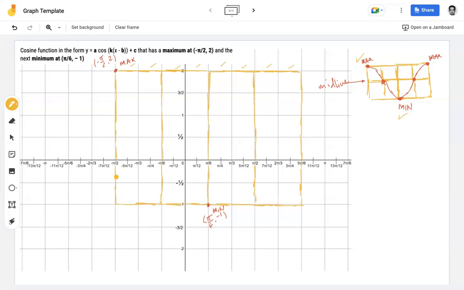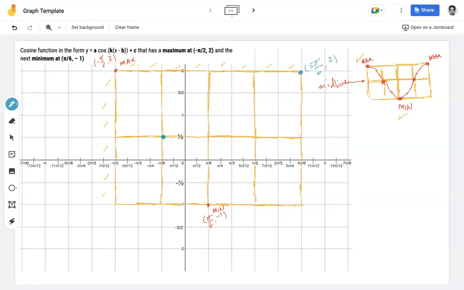And then the midline, we have 1, 2, 3, 4, 5, and 6. So that means that the midline is going to be 3 and 3. So the midline is right here. Once we have the midline, we can complete the sketch. We end at another maxima here, and that's going to be at 5 pi over 6 comma 2.